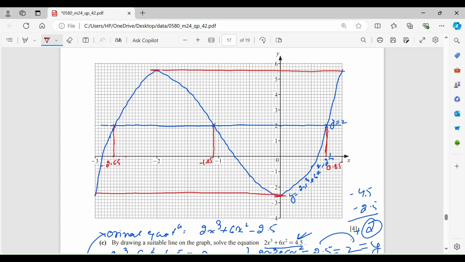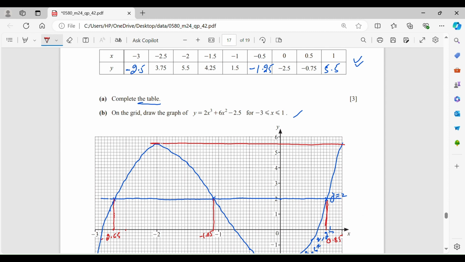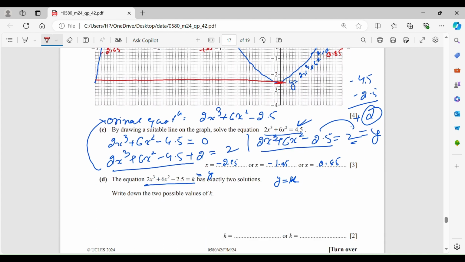So what is the y value here? We can see when x is 0, y is minus 2.5, and when x is 2, y is 5.5. So the k value will be either 5.5 or minus 2.5, right?